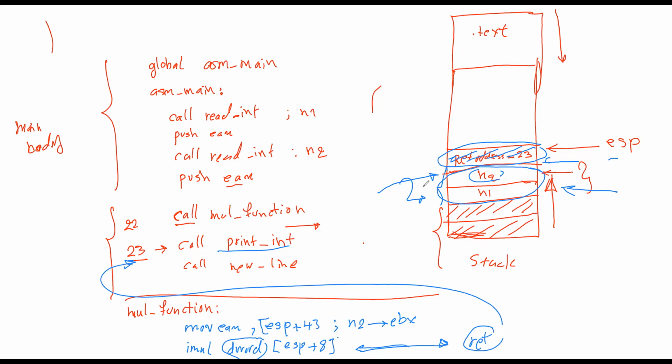There is another way that takes much less time than that. Anyone knows? Increase the stack pointer. What's your name? Kyle, sorry, I don't see your name on my screen when I'm sharing something. Kyle, that's exactly correct. Thank you.